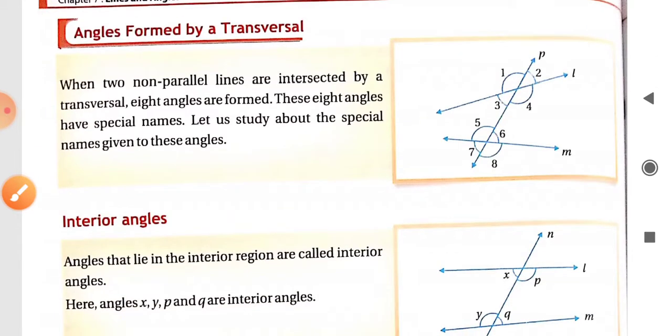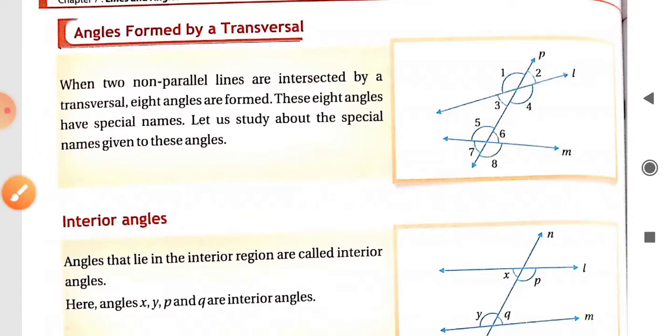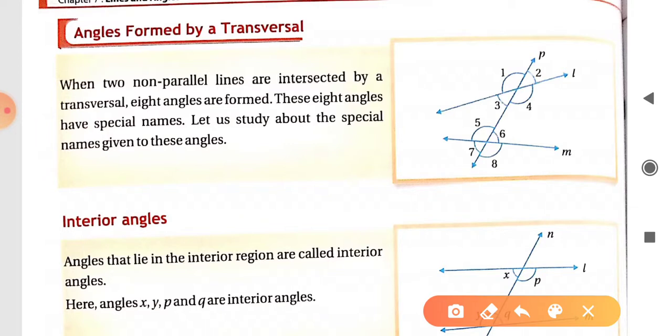And the next topic is angles formed by a transversal. When any transversal line intersects two lines, then 8 angles are formed. One is this, second, third, fourth, fifth, sixth, 7 and 8.